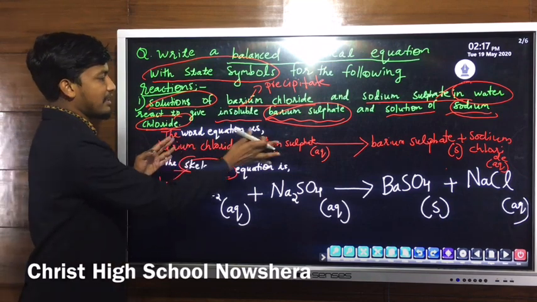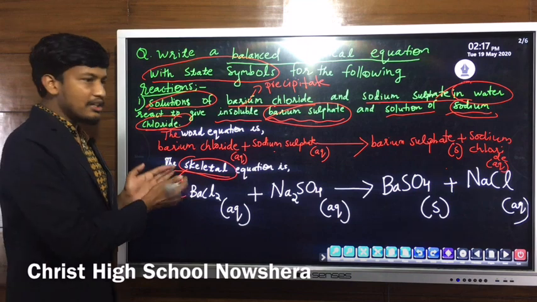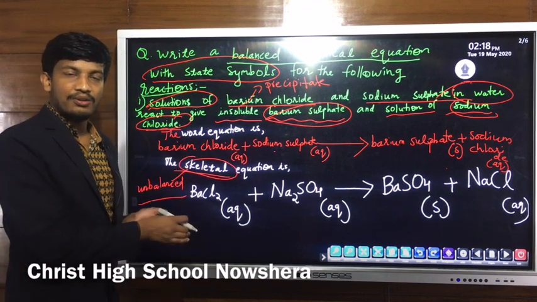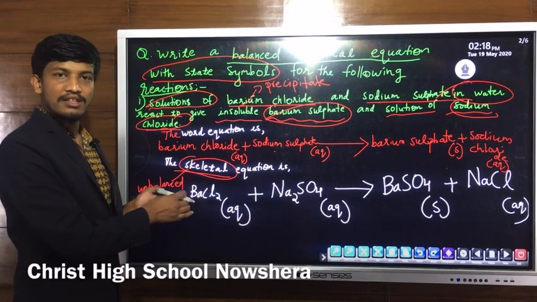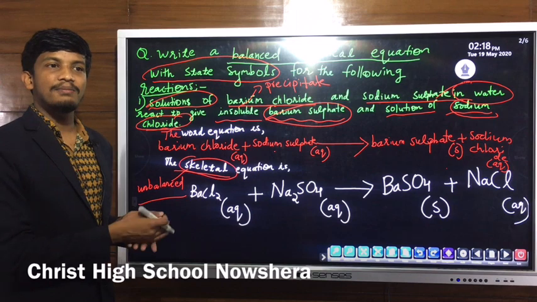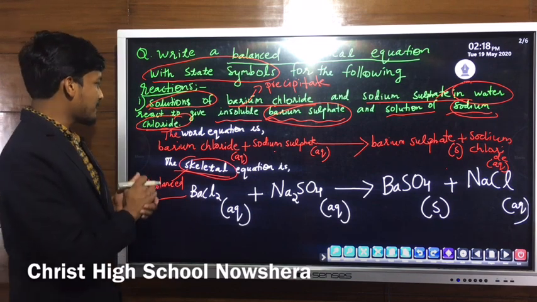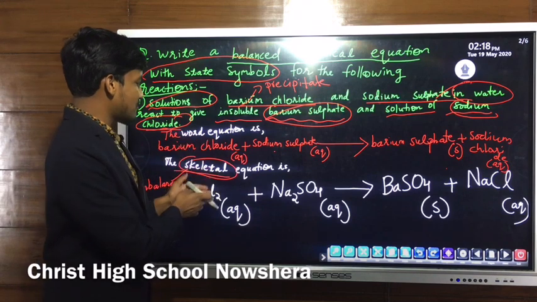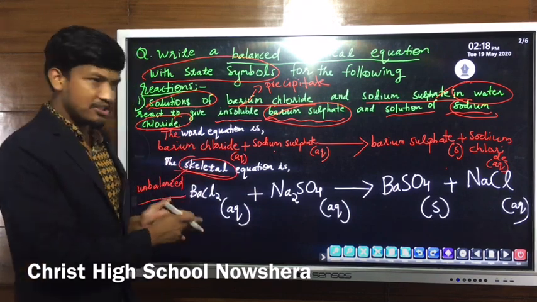From the word equation we get the names of reactants and products. Now we write the chemical formulas or symbols in place of their names. That equation is called the unbalanced equation or skeletal equation.